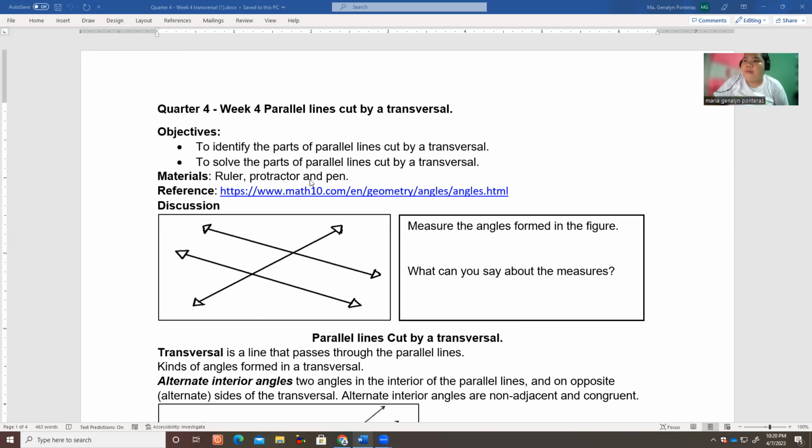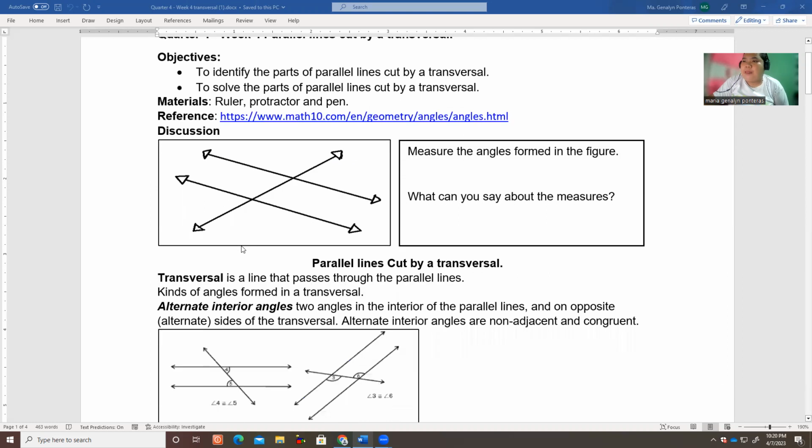ruler, protractor, and pen. Okay, so what I have here is a parallel line cut by the transversal. So I'm going to give this. You're going to use a protractor to measure the angles. So how many angles do we have here? So we have eight angles.